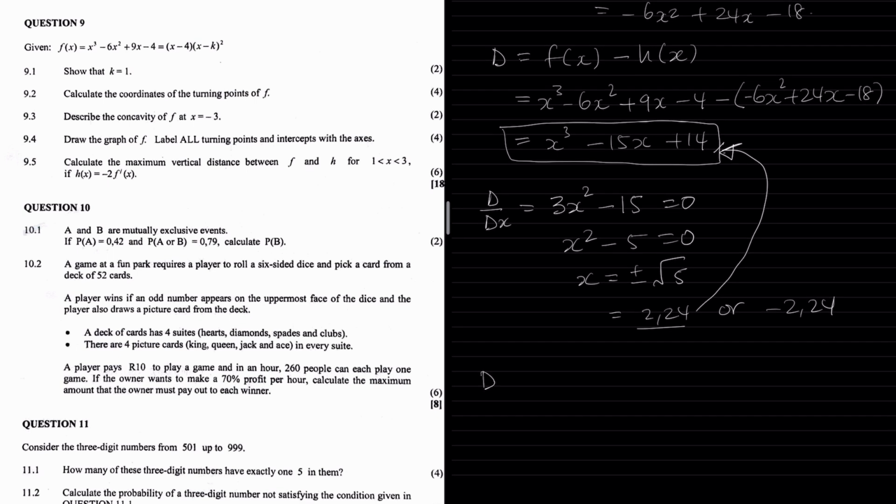So the distance is then going to be 2,24 cubed minus 15 times 2,24 plus 14. And that gives us a distance of minus 8,36. So we'll take the positive value. So the distance is 8,36 units.